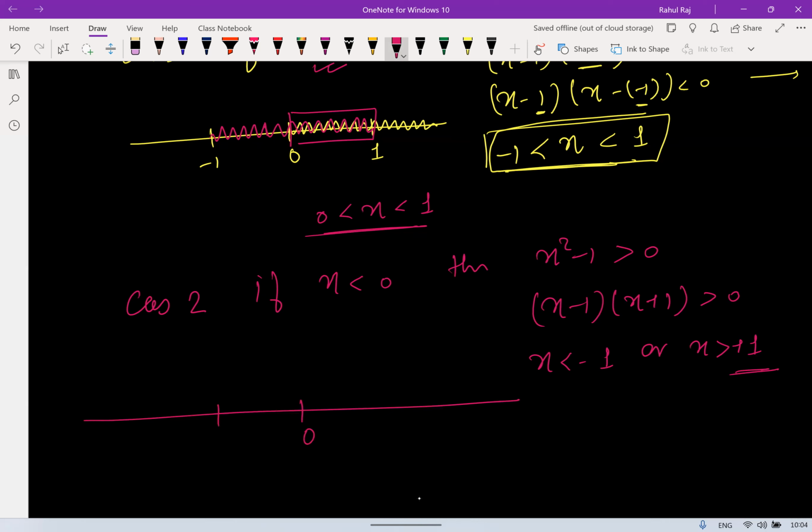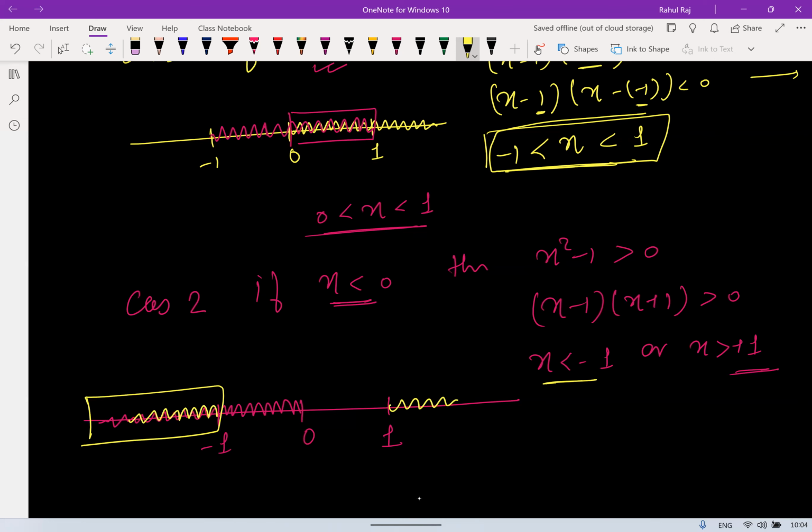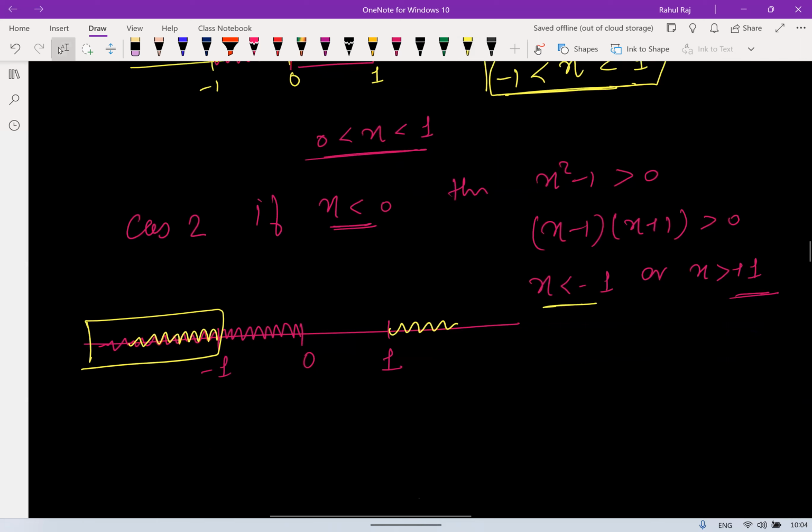This is 0. This is -1. This is 1. Now, first case is x is less than 0, so we get this whole area. Second case is x is less than -1 and x is greater than 1. What is the overlap? x is less than -1.